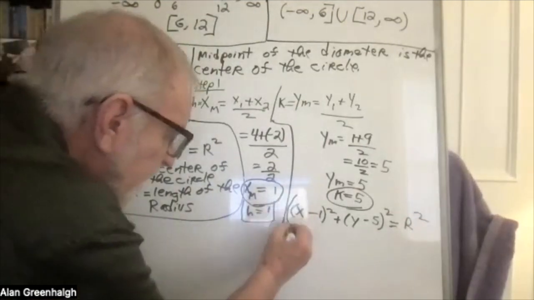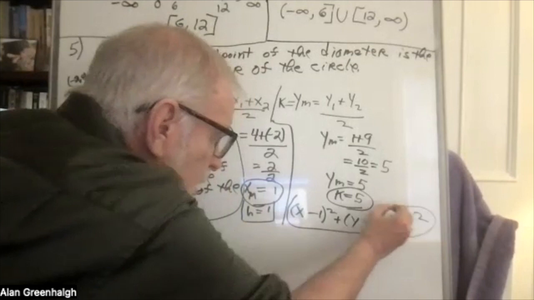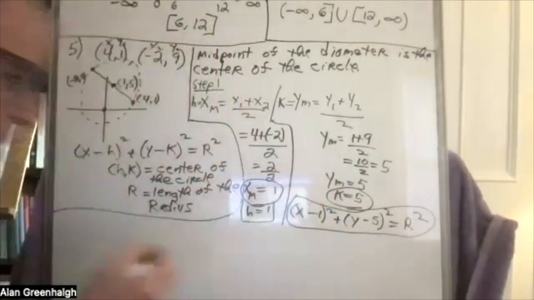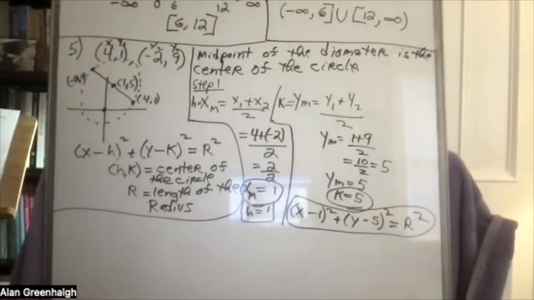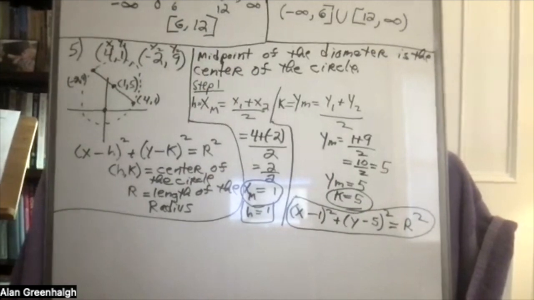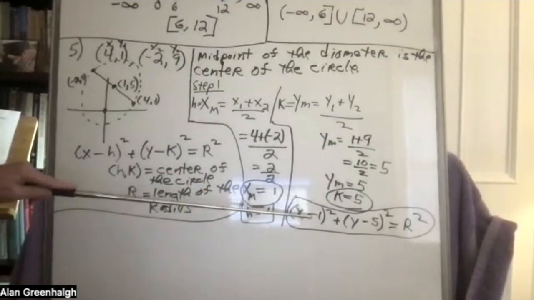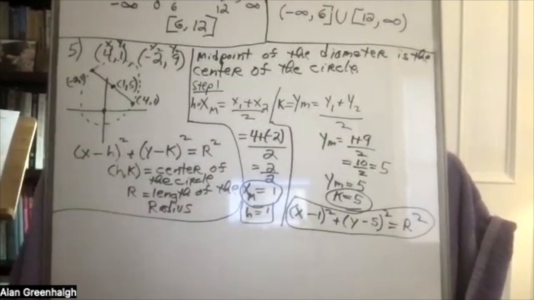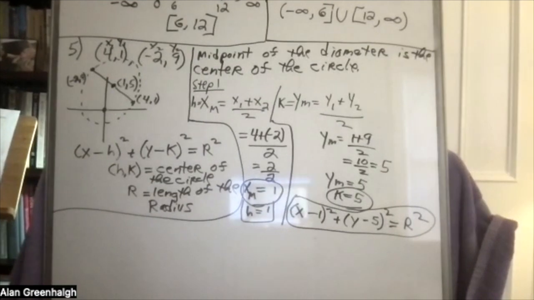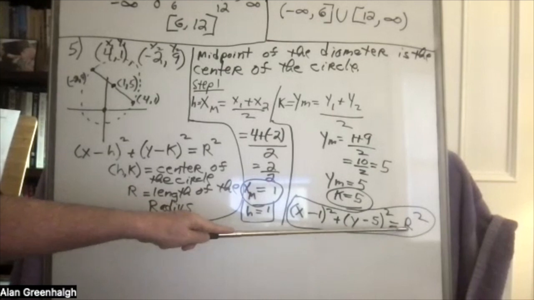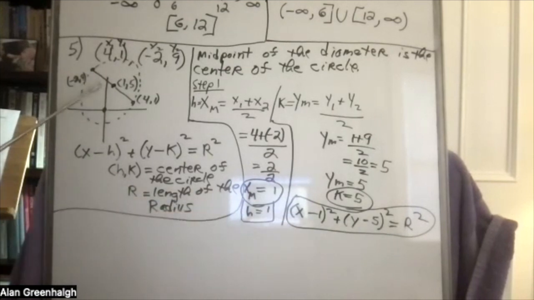Very important. We know what the center of the circle is, and we're able to get at least this much of the formula. So now we want to know how we could find the length of the radius. See, we need to know r, which is the length of the radius, which is right here.